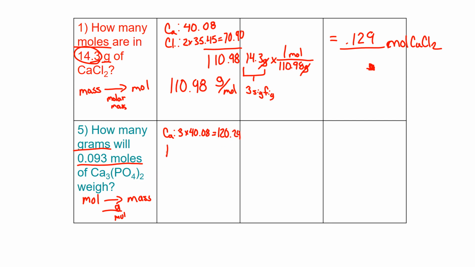I have phosphorus, and I have 2 phosphoruses, so 2 times, what is phosphorus? 30.97. And then I have oxygen. I have 8 oxygen, so 8 times 16.00 gives me 32.00.